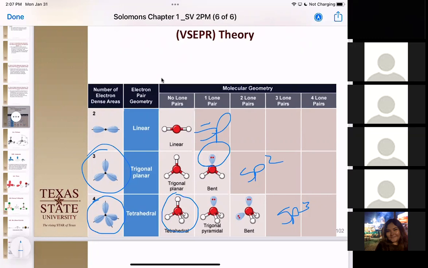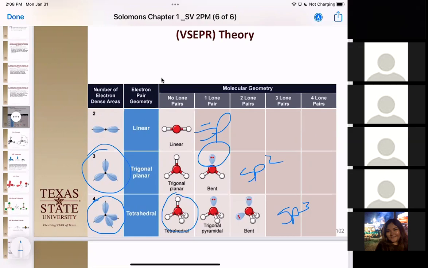So that being said, if we have something like nitrogen, how many electrons does nitrogen bring to the valence shell? It's in group 5A, so it brings 5, right? It needs 3 more to make its octet. So it's going to bond 3 times, leaving those 2 electrons left over to make a lone pair.